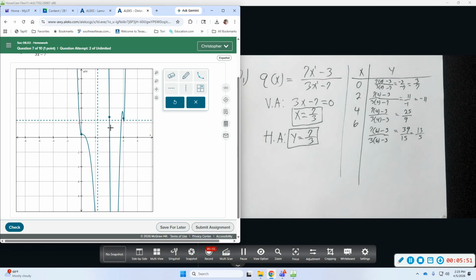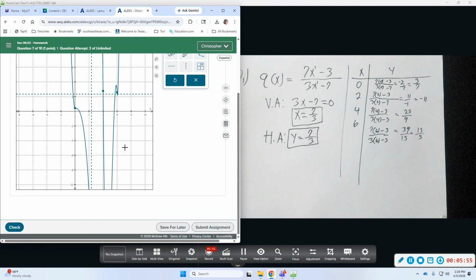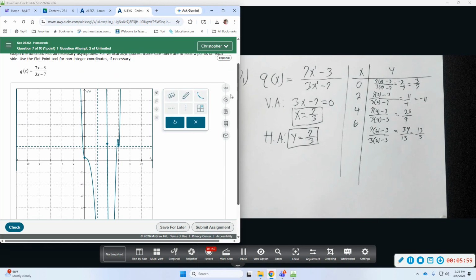That does not look correct. I don't like the way that looks. Let me check that we did the math correct here. Plugging in the 2, 14, 11.